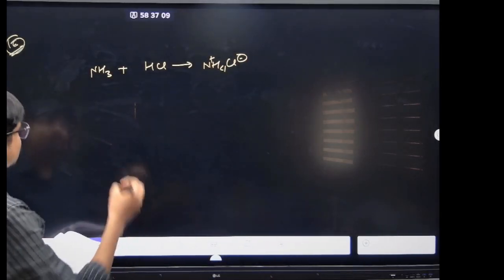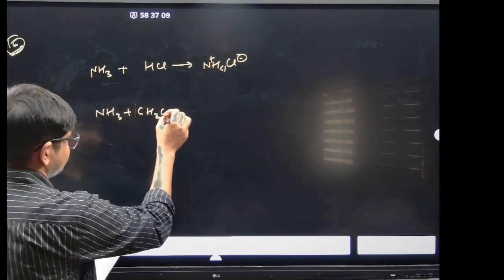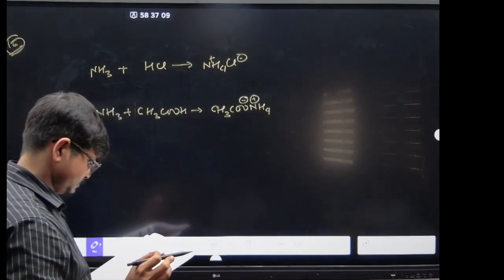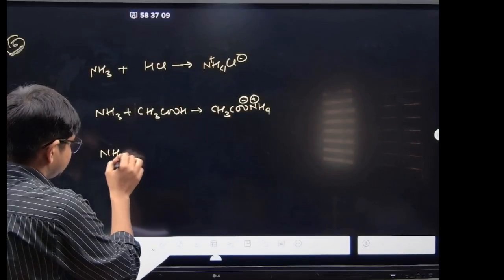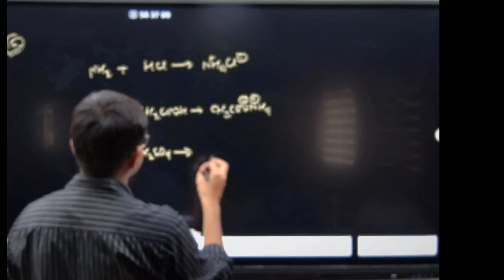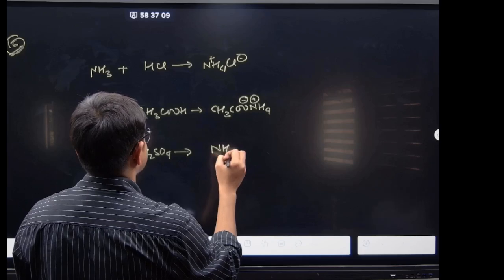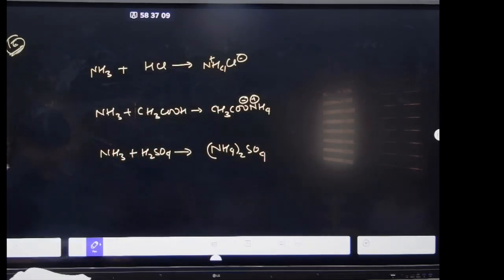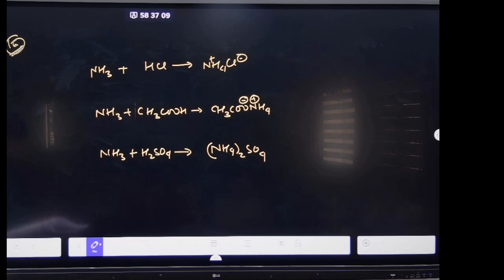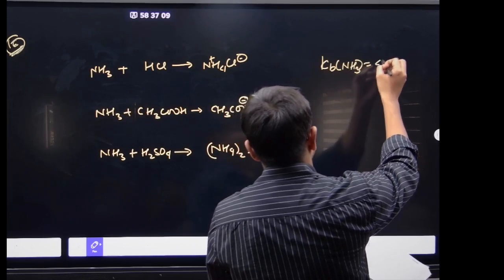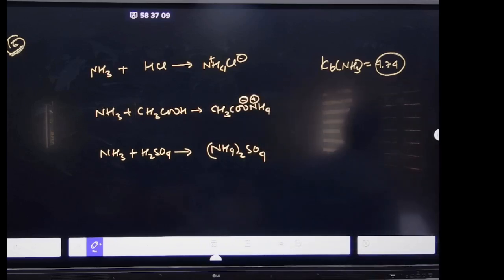Last one you have NH3 plus... last one you have NH4 whole to SO4, right? क्लियर है? अब पूछ रहे क्या, डिक्रीजिंग ऑर्डर ऑफ पीएच की बात कर रहे, राइट? है कि नहीं? We have given the Kb of NH3 to be 4.7. गॉट इट? कैसे करेंगे, पता समझो, how to do this question.